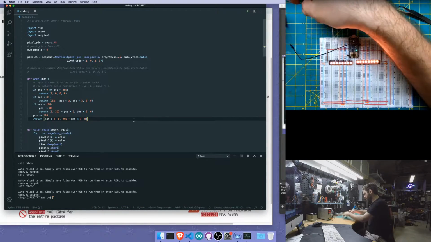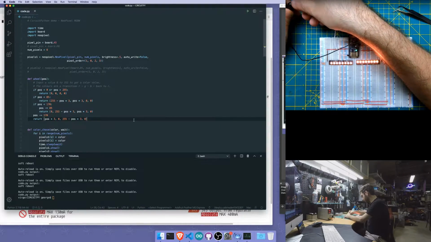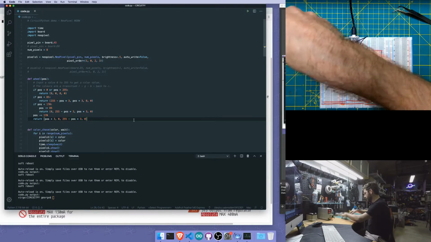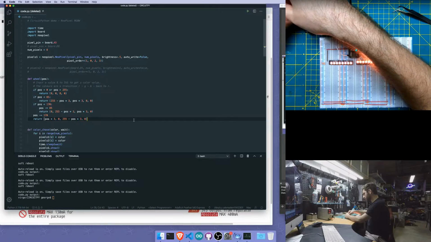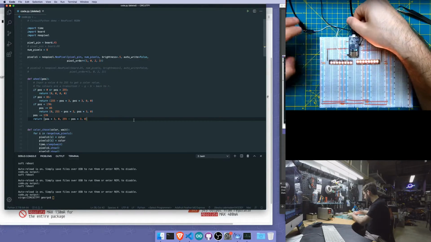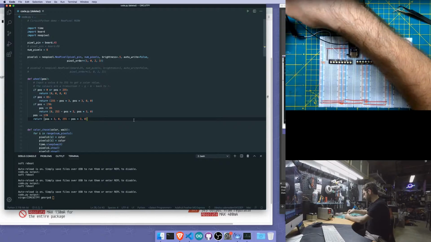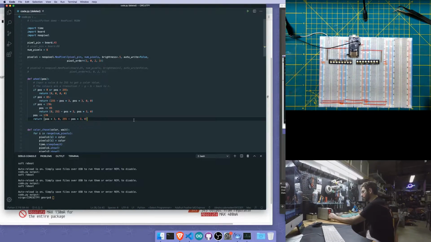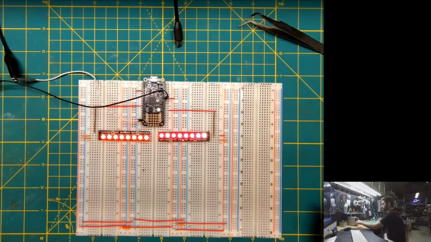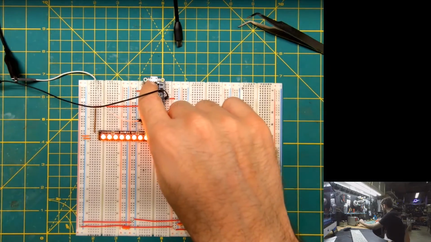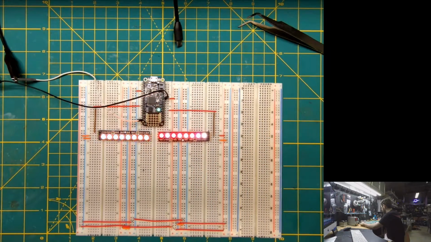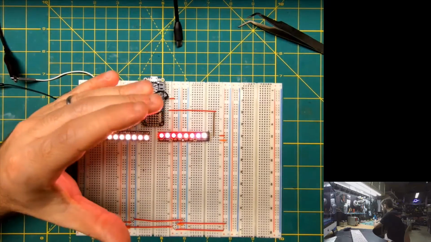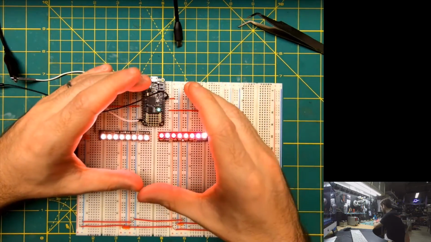Okay, so let's wire up the power here again. Yeah, so I don't know if you can tell.